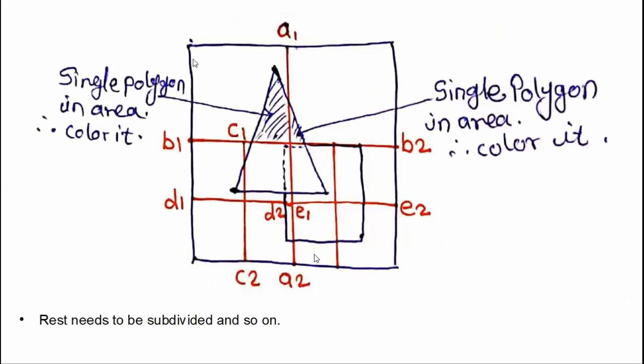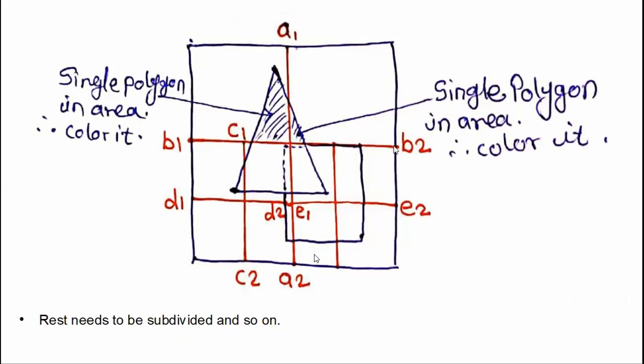In this diagram, we have subdivided this particular area. It is the same diagram we considered previously, but right now consider only two subdivisions: the A1, A2 vertical line and the B1, B2 horizontal line.